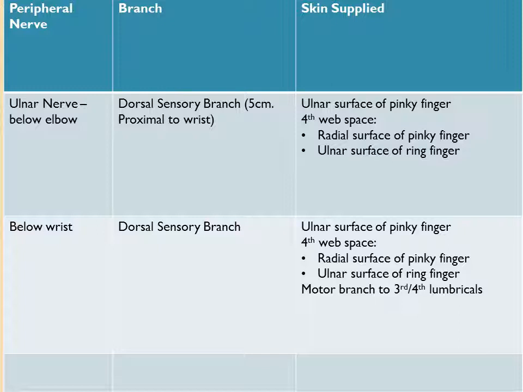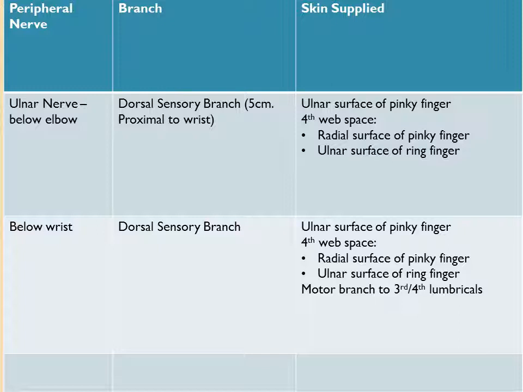It begins its sensory function in the hand and down below the wrist. And it does that by sending off a branch approximately 5 centimeters proximal to the wrist. This is the dorsal sensory branch.